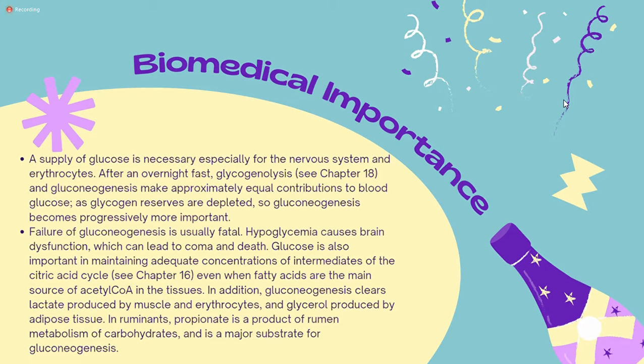And it says here that failure of gluconeogenesis is usually fatal. Even low glucose brings about brain dysfunction, which can even lead to coma or death. Glucose is also important in maintaining adequate concentration of intermediates of the citric acid cycle, and you know how important the citric acid cycle is in the tissue.